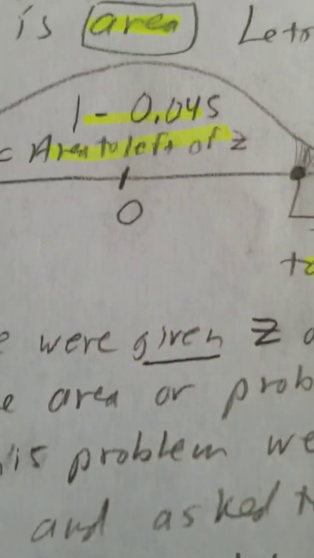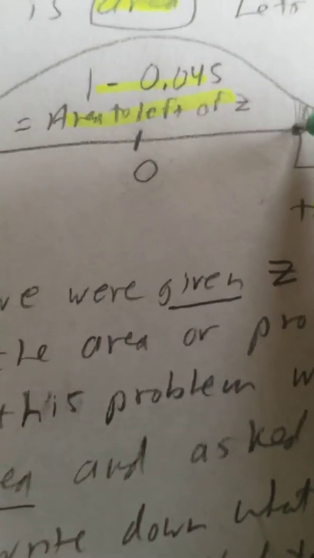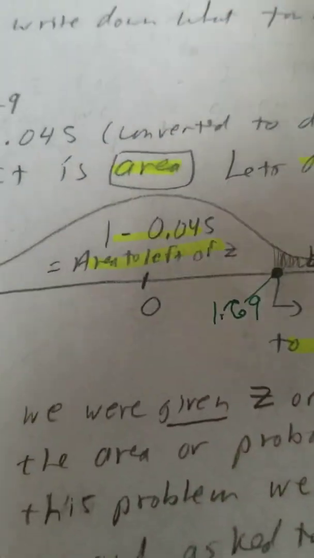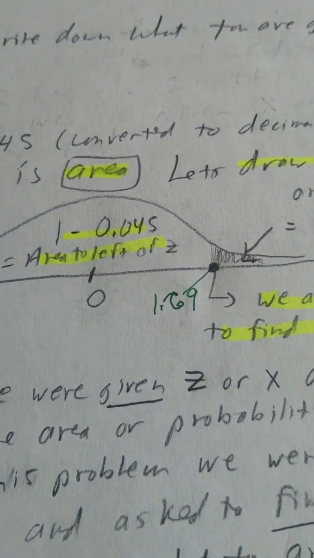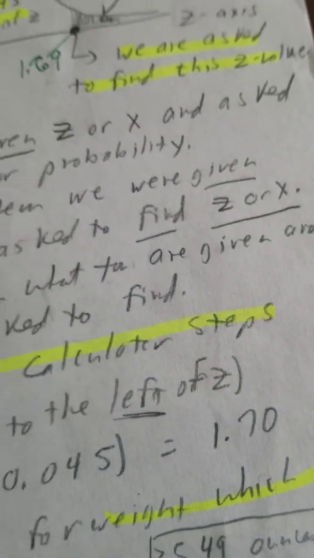Now that is my z value, so let me just show you. That is the number right here on the z distribution, 1.69 or 1.7, depending on how they tell you to round it. That's 2 decimal places. I'm sorry, I'm wrong.